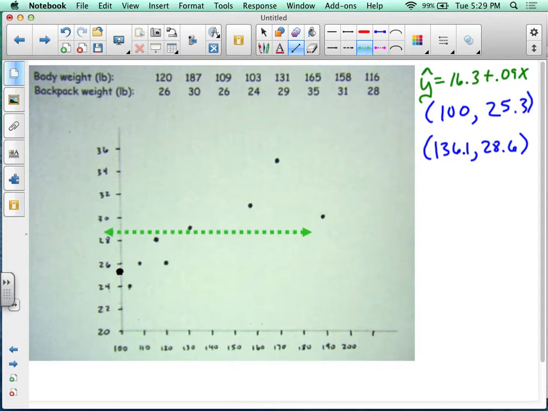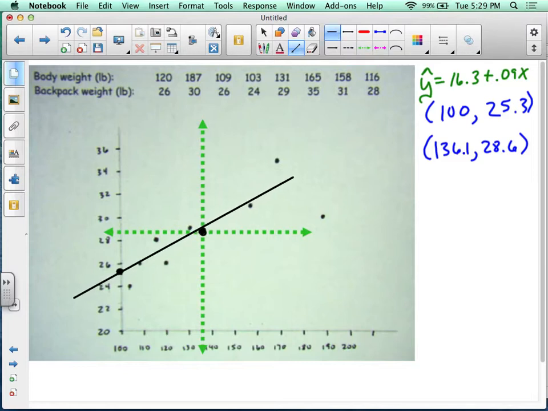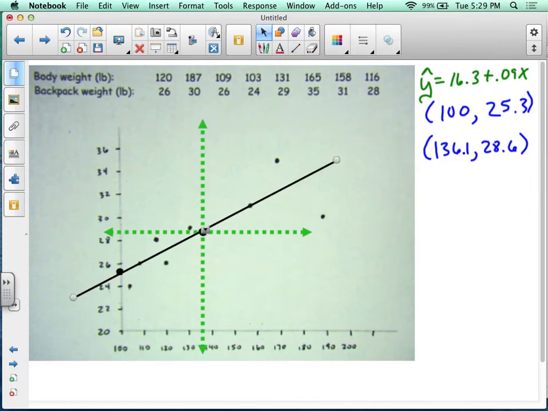And 136.1 is going to be about right there. And so I'm going to mark a point right there. And I'm going to connect those 2 lines. Do the best I can with that.